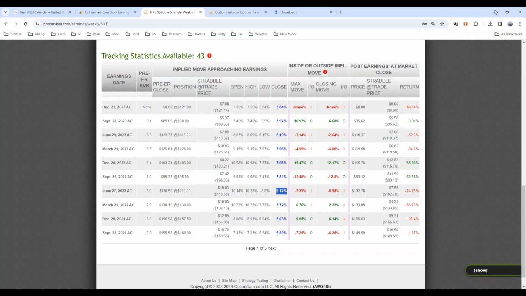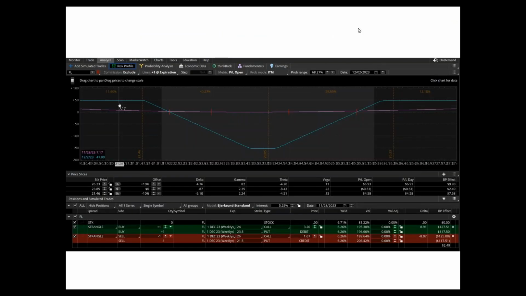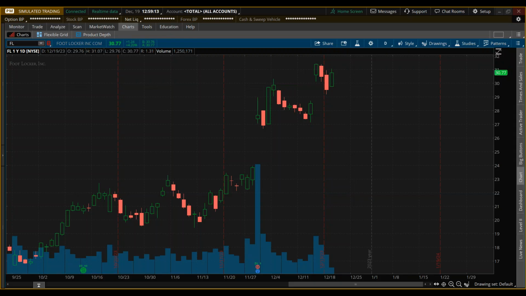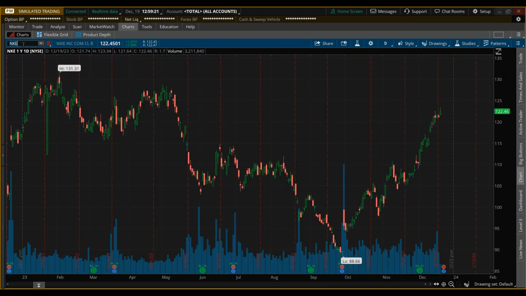So let's go over now to Thinkorswim. Oh, I'm curious, by the way, how many of you have not been switched over to Schwab yet? Everybody I know has been switched to Schwab, but I have not been.